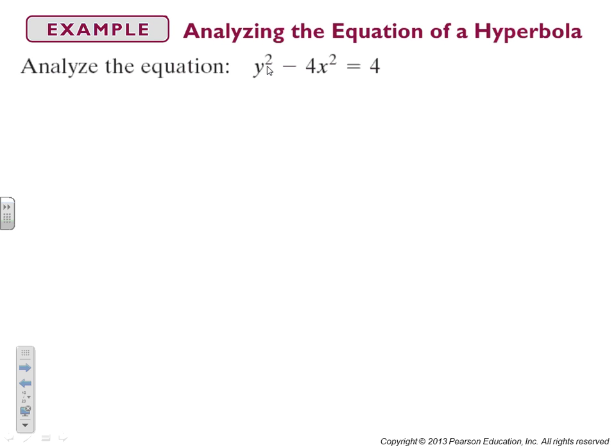Y is first, so it's on the y-axis. We want it equal to 1, so I'm going to go ahead and divide by 4. When we divide by 4, we get y squared over 4 minus x squared over 1 squared equals 1. That means a squared is 4, b squared is 1, and c squared has to be 4 plus 1, which is 5.